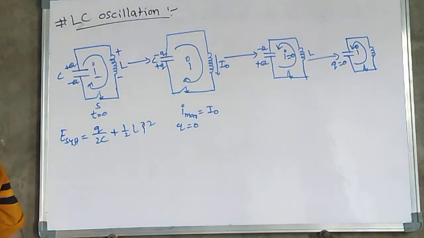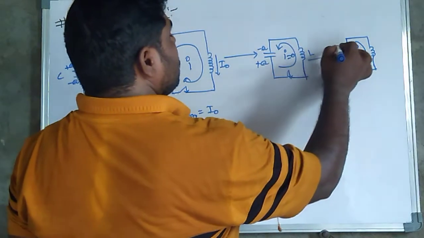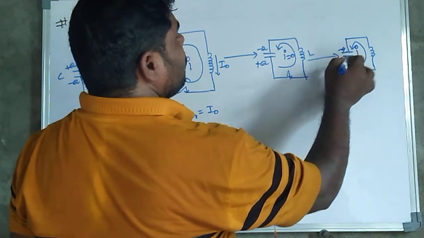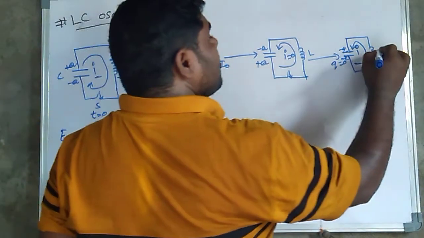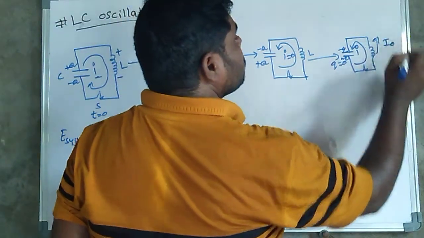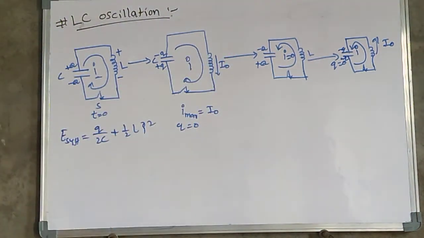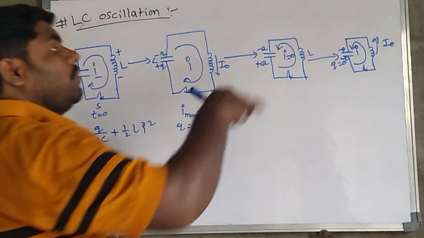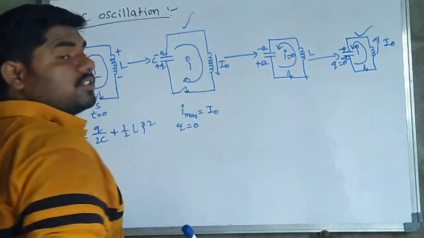Both are similar situations. Here minus q and plus q, so the net charge q is 0. The current is I naught, the maximum current, which is also a maximum current in the opposite direction. So this situation and the previous situation are the same.